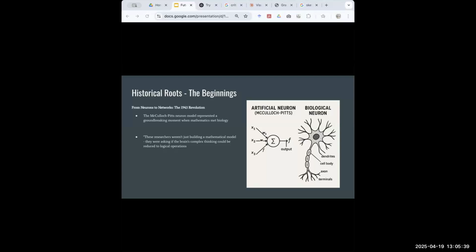You can see on the artificial neuron, McCulloch and Pitts developed this demonstration of input and threshold output based on the understanding of biological neurons back in the 1940s. Not surprisingly, around the same time, von Neumann started building his understanding and developed this architecture, which laid the ground for the modern day computer.